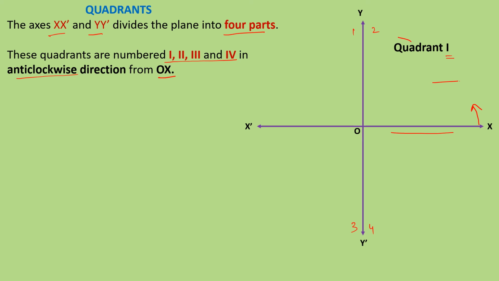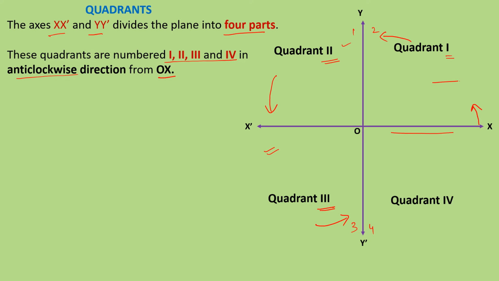Now from here also going anti-clockwise, I reach this quadrant. This is quadrant number 2. Then again anti-clockwise I reach here. This is quadrant number 3. Then again anti-clockwise I reach here. This is quadrant number 4. And then if I move again, I will reach quadrant number 1. So the quadrants 1, 2, 3, 4 are fixed. We cannot change the numbering according to our wish.